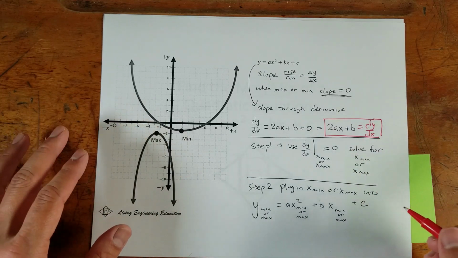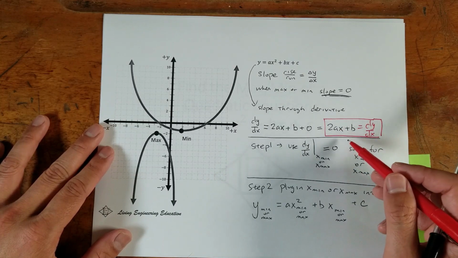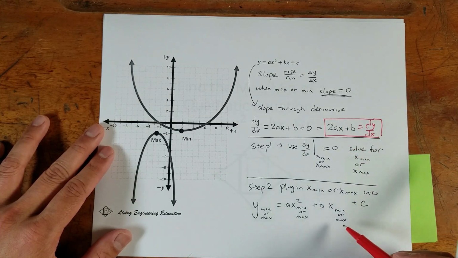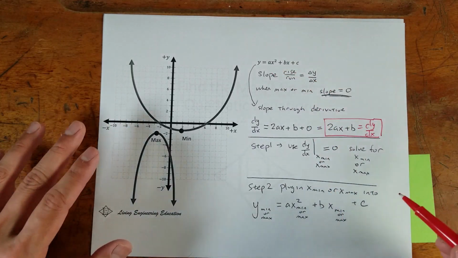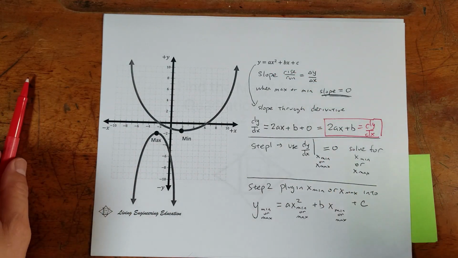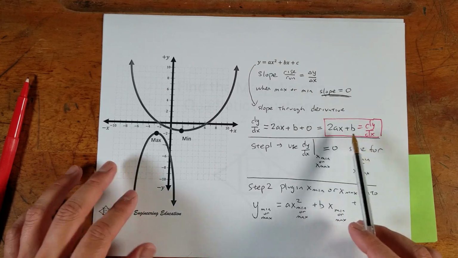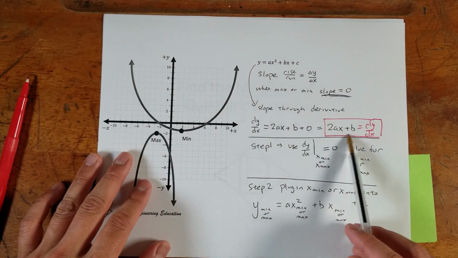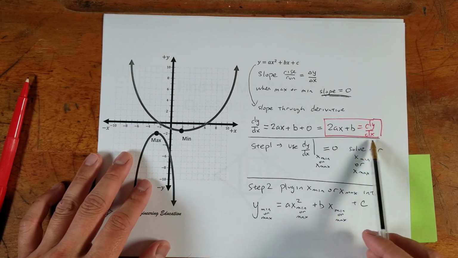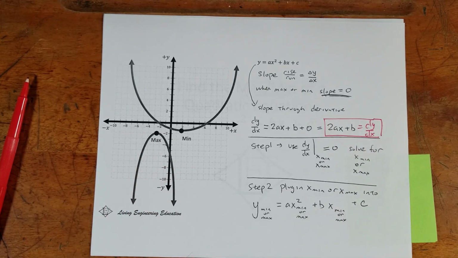There are always forms you might learn from your class of memorizing a formula for the x min or max or y min or max in terms of A, B, and C. But it's a lot easier if you just memorize this form and derive it each time. It might be slower, but if you don't have a pen and paper, or if you don't have the solution in front of you, this one, I believe, is an easier one to memorize.